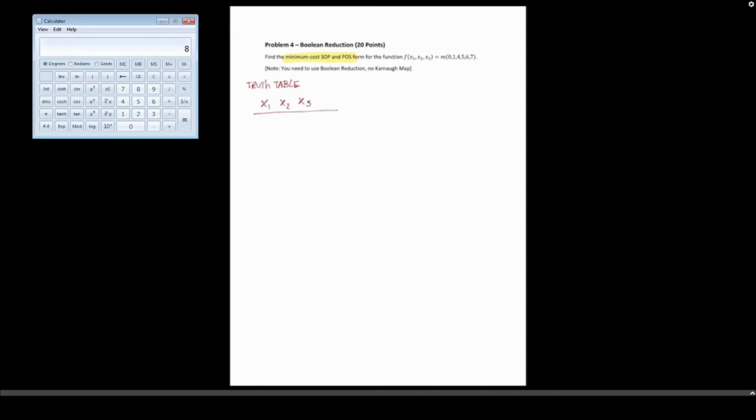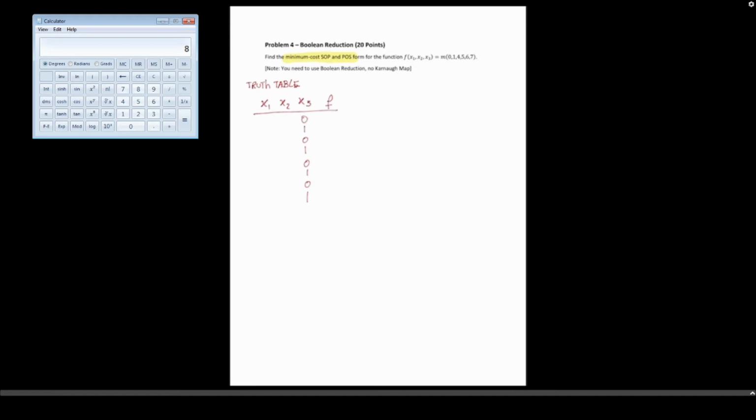X3, and this is my output. And now I'm going to teach you a trick to do the truth table without missing any numbers. So here you're going to have eight combinations, and they swap between 0 and 1. So this is the least significant bit, the one that changes more often.